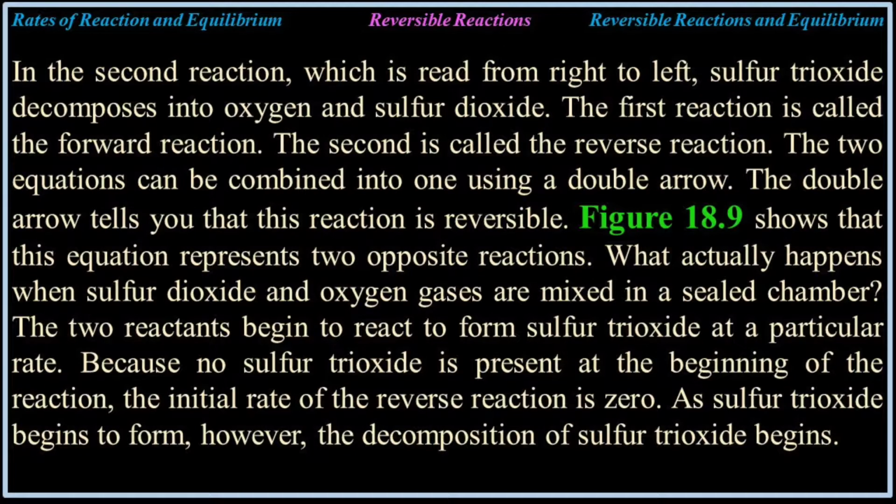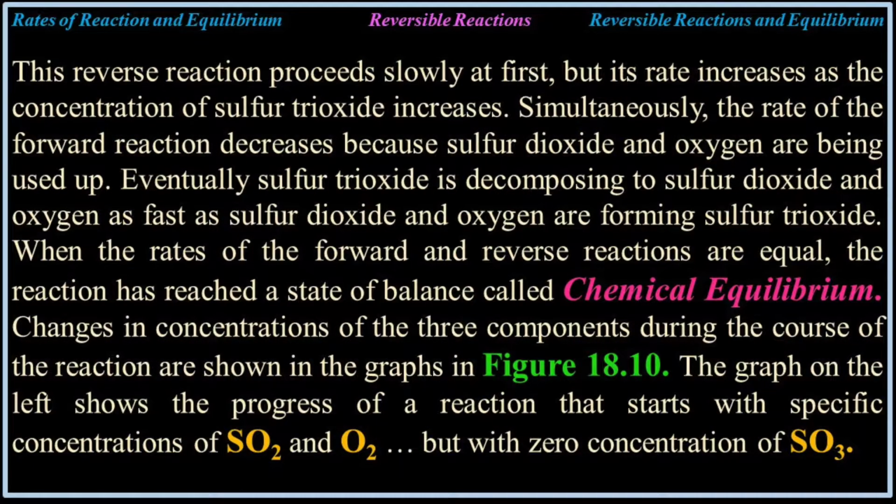As sulfur trioxide begins to form, however, the decomposition of sulfur trioxide begins. This reverse reaction proceeds slowly at first, but its rate increases as the concentration of sulfur trioxide increases. Simultaneously, the rate of the forward reaction decreases because sulfur dioxide and oxygen are being used up.